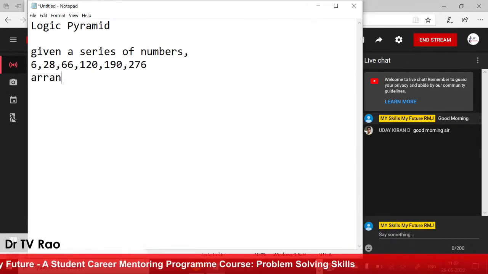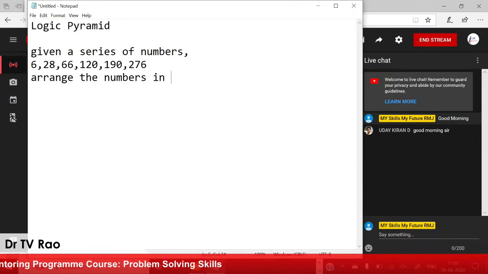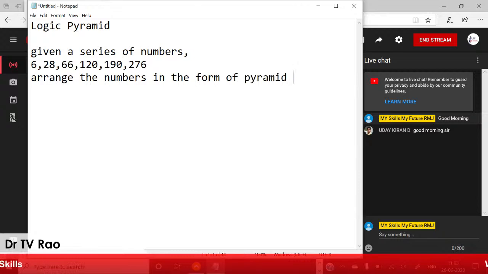Arrange the numbers in the form of a pyramid in such a way that the first number is at the top. First line contains one number. Second line contains the next two numbers.